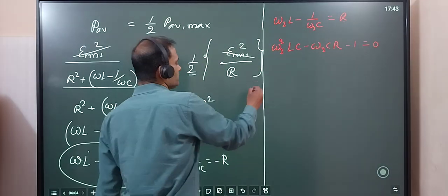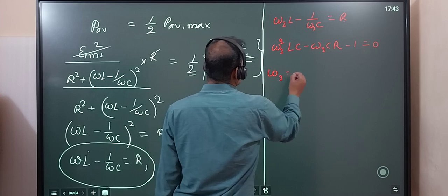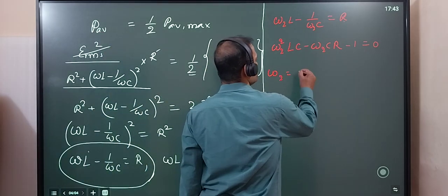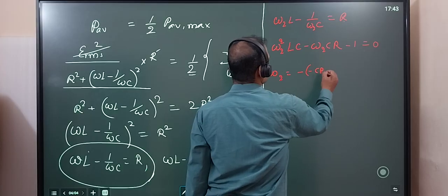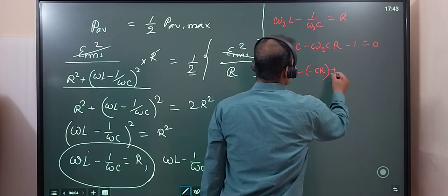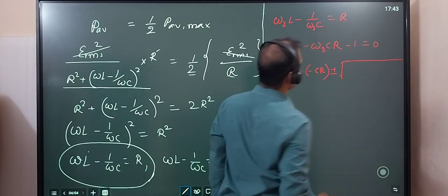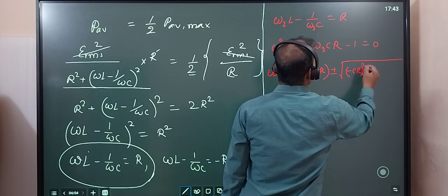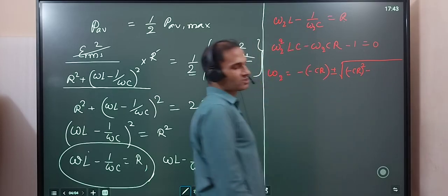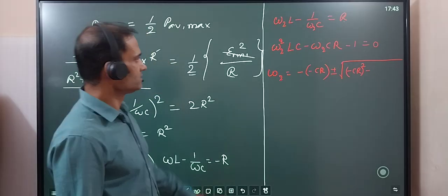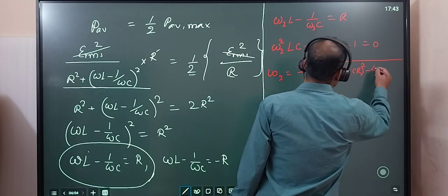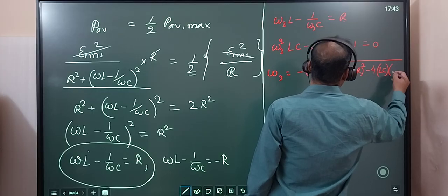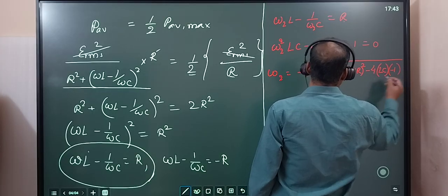So omega 2, we are going to use the quadratic formula: minus b, minus minus CR, plus minus under root b square, that is minus CR the whole square, minus 4AC. 4 is 4, A is LC, and C is minus 1.